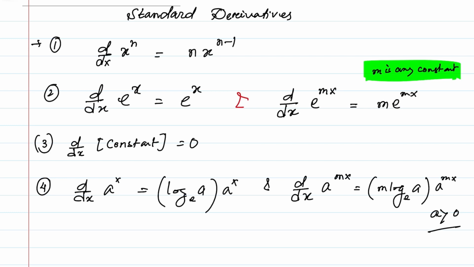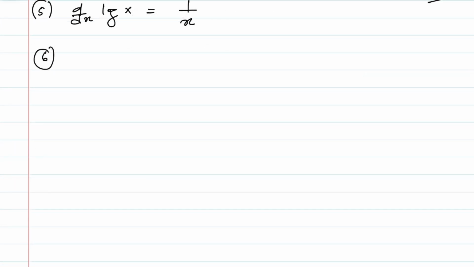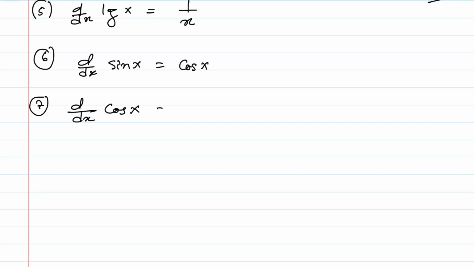Now let us take logarithmic function, and derivative of logarithmic function, ddx of log x. So what will be the derivative of log x? That will be 1 by x. Now let us know some derivatives of trigonometric functions. So ddx of, or derivative of sin x, is always cos x. Then next, derivative of cos x is minus sin x.